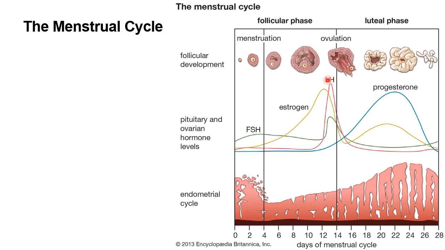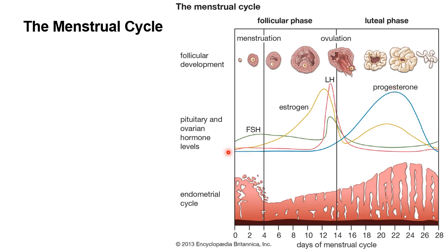Now, because there are little FSH and LH, the corpus luteum starts to die because there is no luteinizing hormone. As the corpus luteum dies, the levels of progesterone and estrogen decrease.